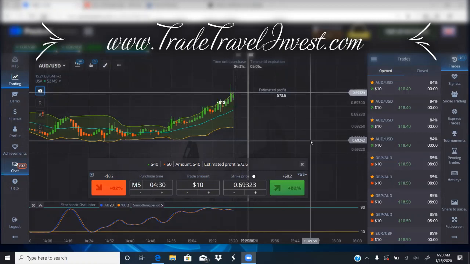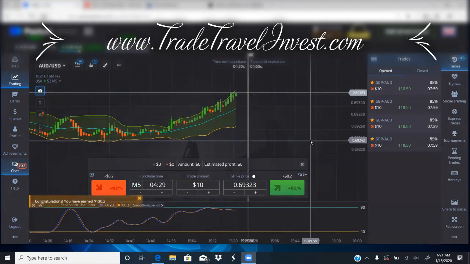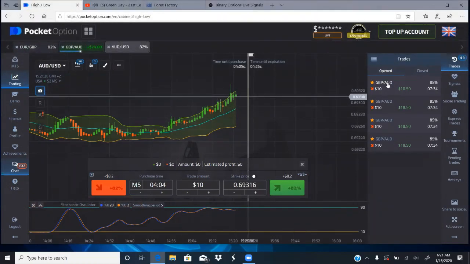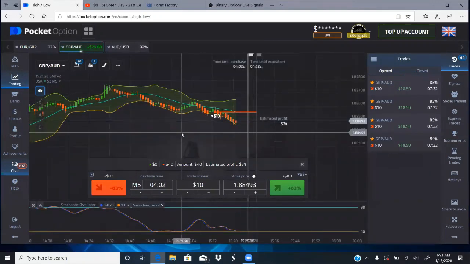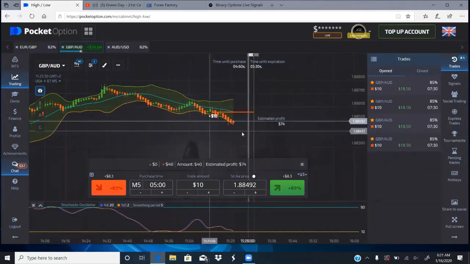Right on. All right, so Australian dollar, US dollar just closed 130 in profit. Nice. We're looking good on GBP/AUD. Nice drop after we entered.